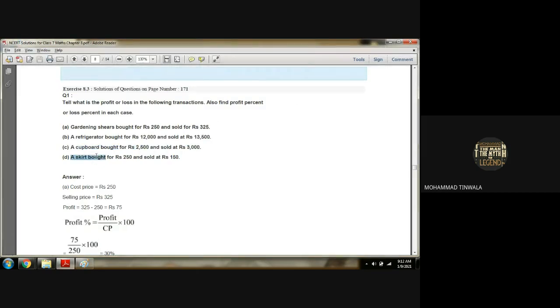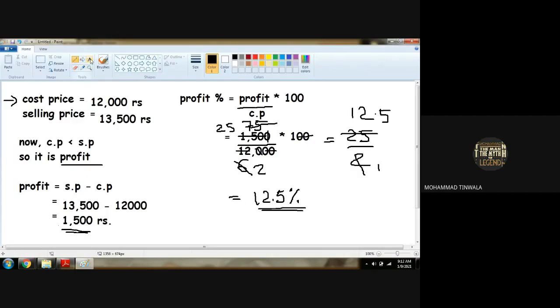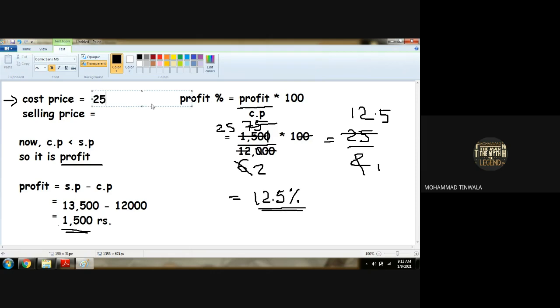Chalo, fourth sum. A skirt bought for rupees 250 and sold at 150. Here the cost price was 250 rupees and the selling price was 150 rupees.